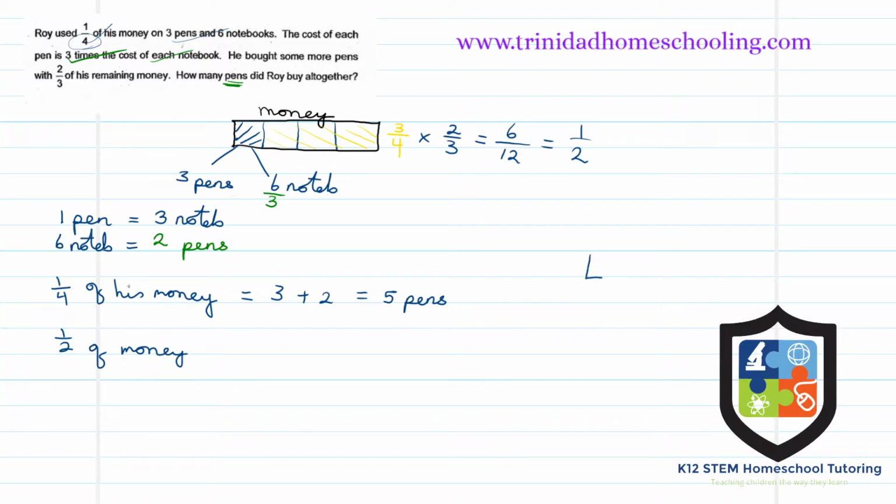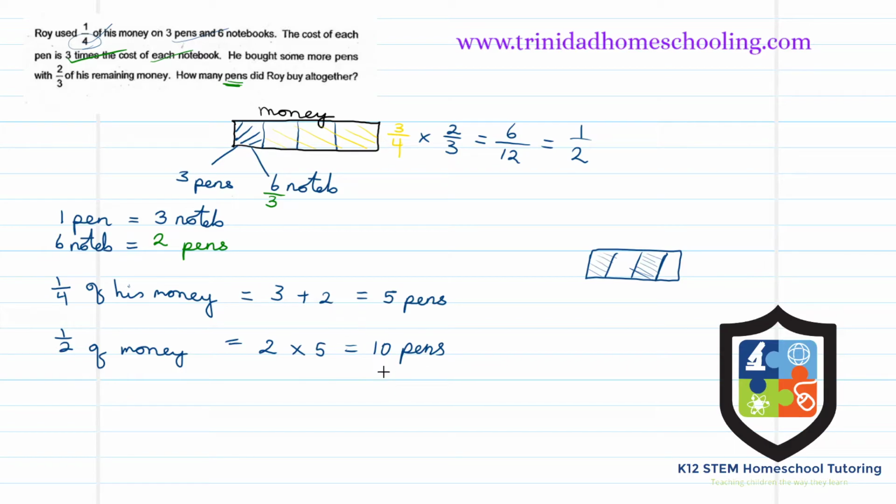So we know that a half, in terms of quarters, is really 2/4. So 2 times a quarter of his money is a half of his money. So a half of his money could buy 2 times 5, 10 pens.